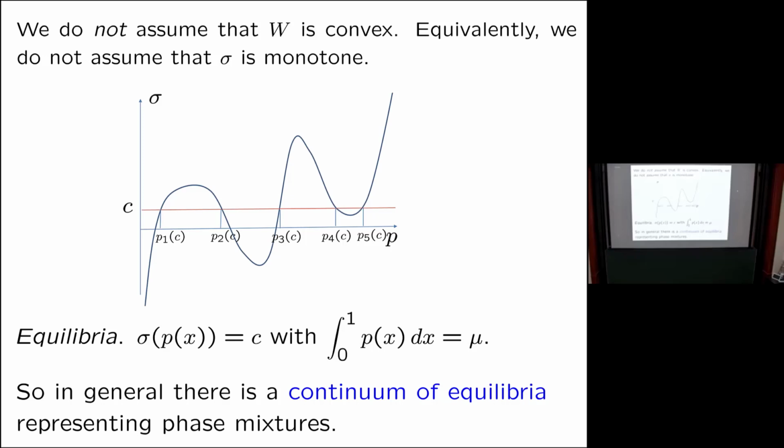So there's a continuum of equilibria, and they represent phase mixtures. Each root, if you like, is a phase, and so you can arrange them anyhow you like, as long as the sets where P is Pi have union (0,1).